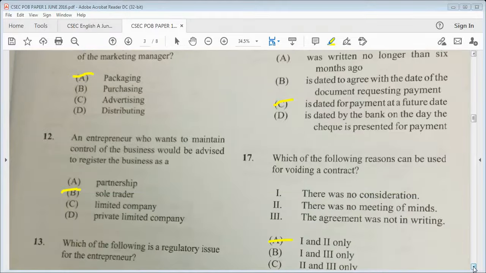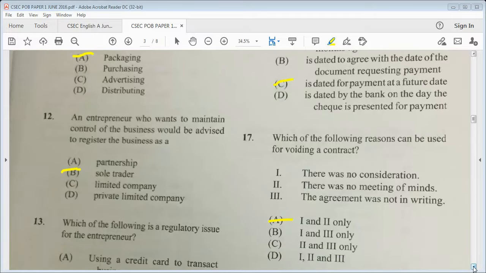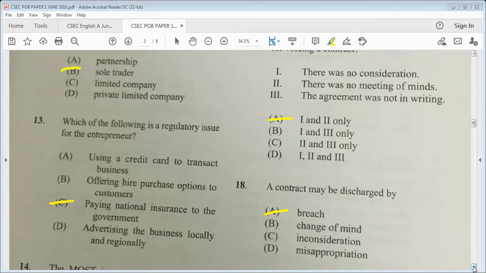Let's go on to 12. An entrepreneur who wants to maintain control of the business would be advised to register the business as a B. Sole trader. 13 says, which of the following is a regulatory issue for the entrepreneur?